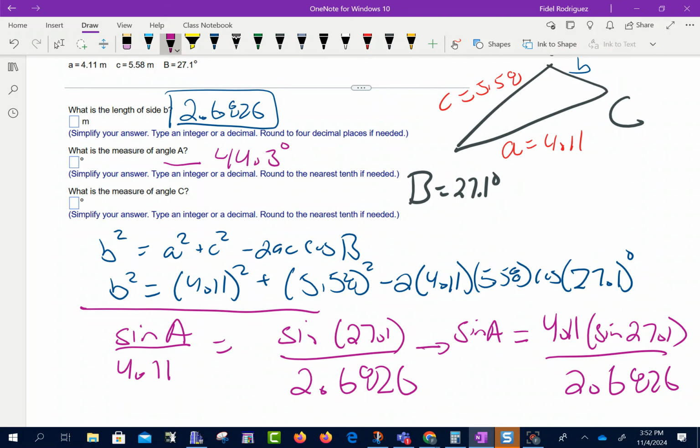Okay. And then, my friends, the last thing we got to do here, we got to find the measure of angle C. So y'all remember what we're going to do. We're going to have 180, and we're going to subtract the other two angles.